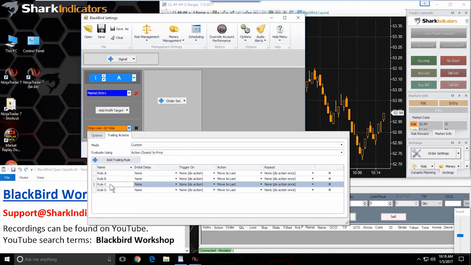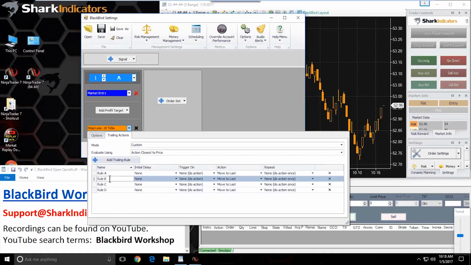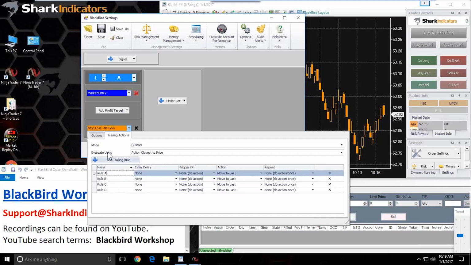For example, if rule C and rule B, say you have two rules that are trying to move your stop loss at the same time, that's when you get a conflict, right? So there's a conflict between rule C and rule B, both trying to move your stop loss at the same time. And so therefore, if you have two or more trailing rules trying to move the stop loss at the same time, that is when the evaluate using comes into play, is necessary.